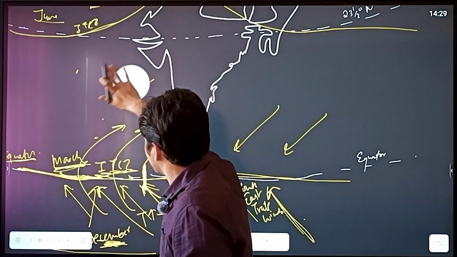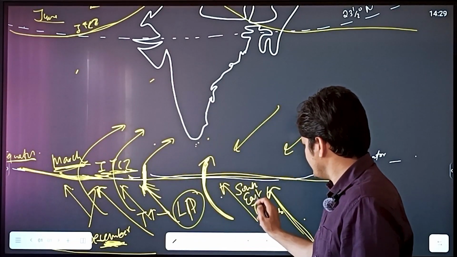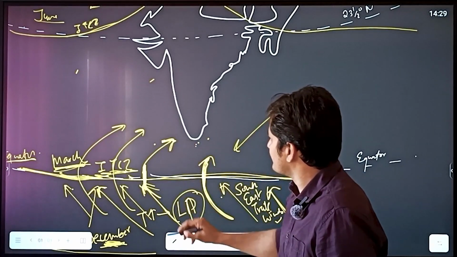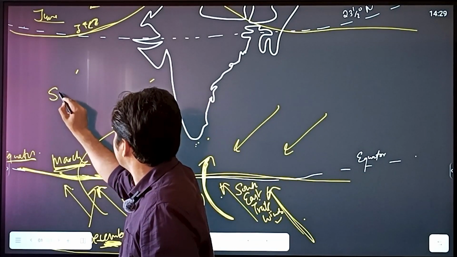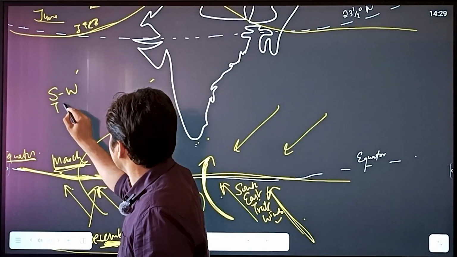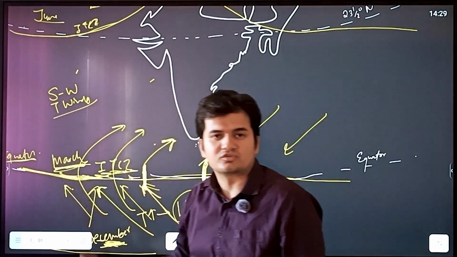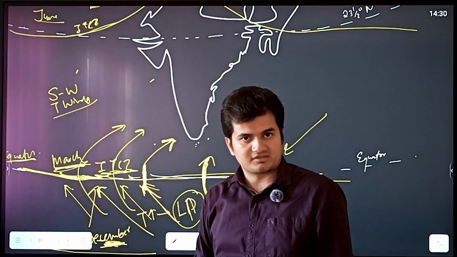These winds start to climb up in the northern hemisphere in this direction. And we have discussed these were the southeast trade winds, but the direction has changed. Now we will call them southwest trade winds. And these are the winds which we call the monsoon winds.